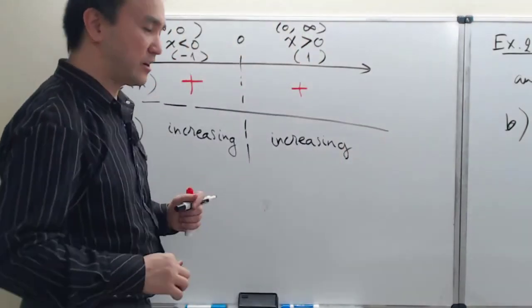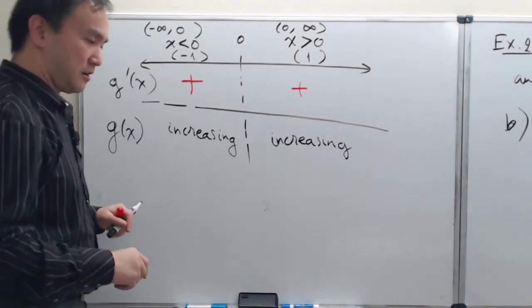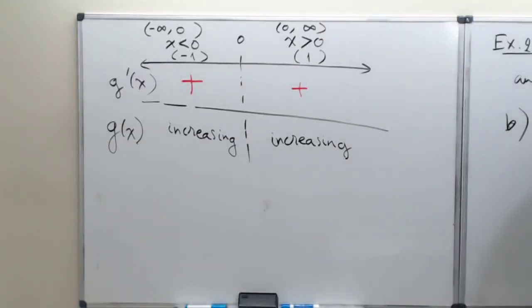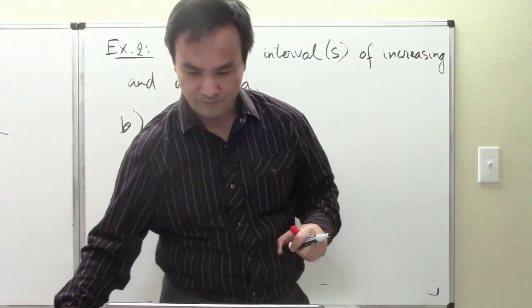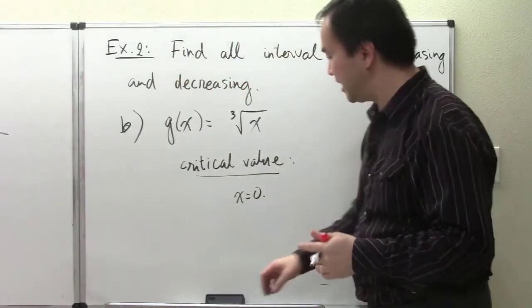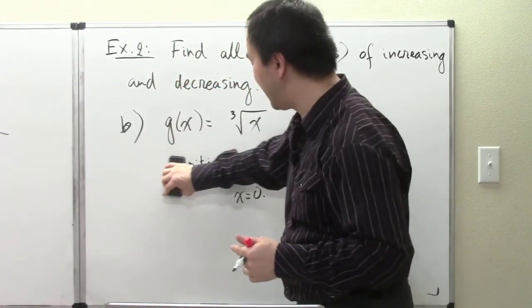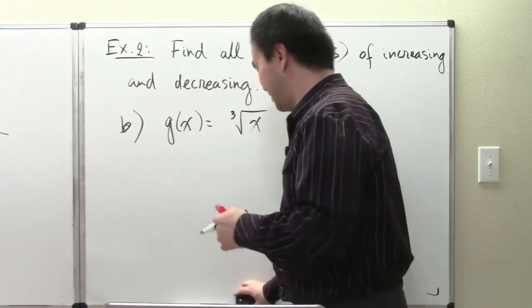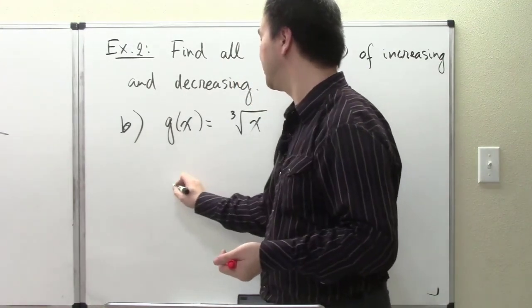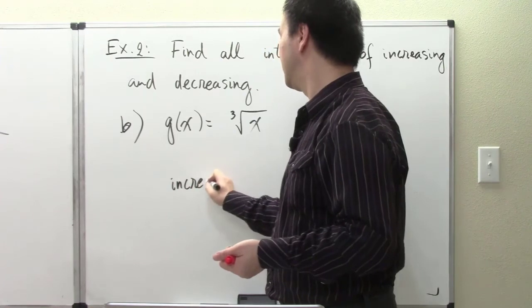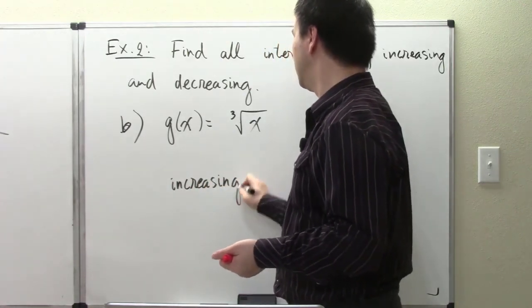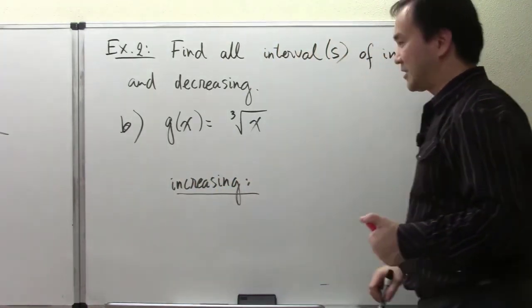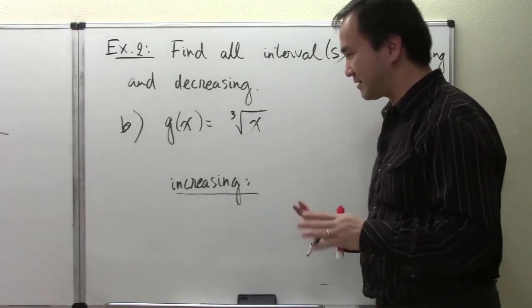Now we are ready for giving our final answer. As far as increasing and decreasing intervals, we don't have any decreasing interval, but we do have increasing intervals. I have to clarify this a little bit.